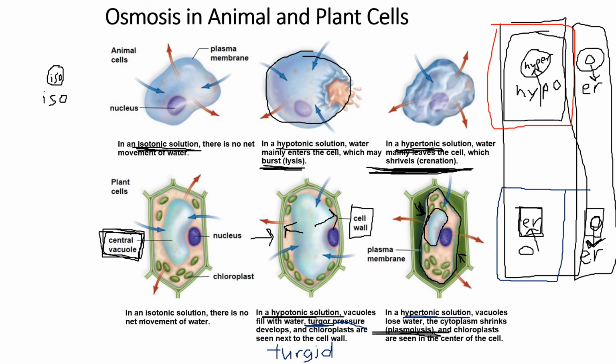Alright, the last one is isotonic. The main thing with isotonic solution, plant cells are physically okay, but they lose the turgid pressure, so they're known as flaccid. And the plant may not be completely upright because it's losing that turgid pressure.